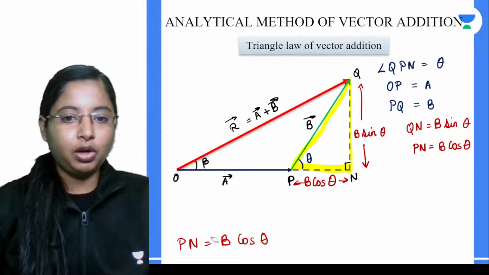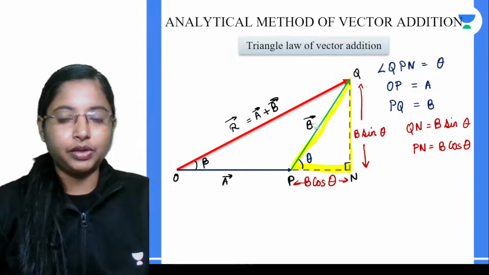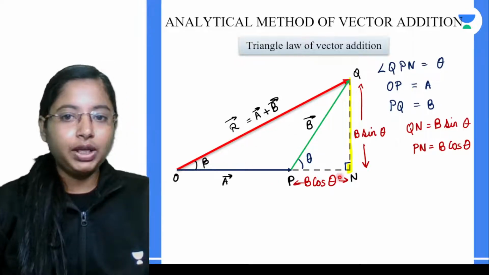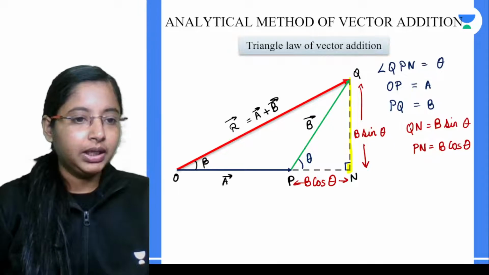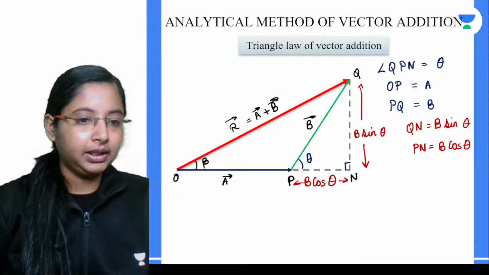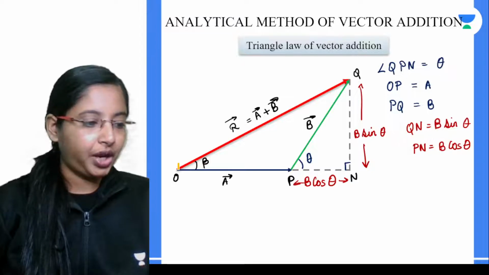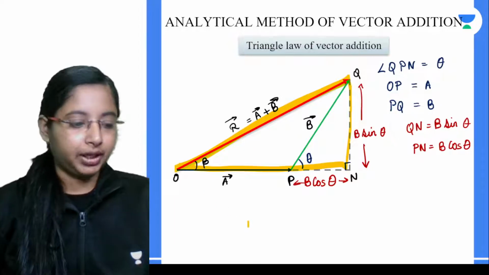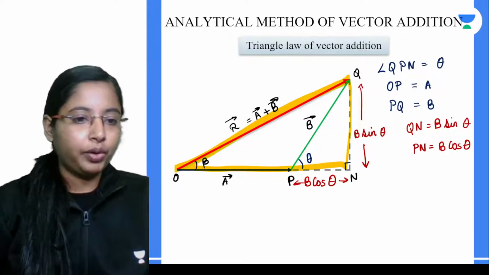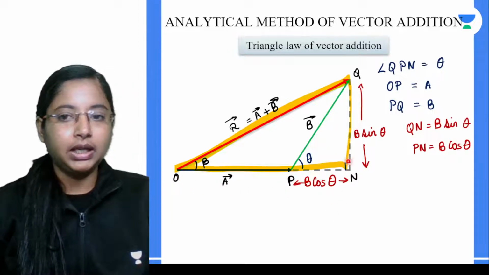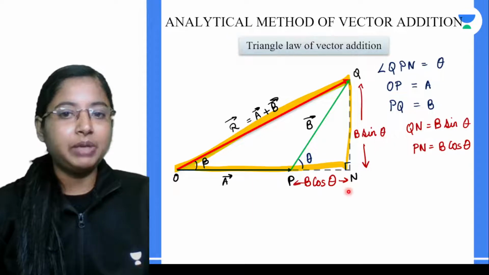Now if you overall look at this particular triangle, compared to the earlier case, what we now have is basically a right angle triangle, that is the triangle O and Q. Now for this particular triangle, we know this side length is A plus B cos theta, and this side length is B sine theta.